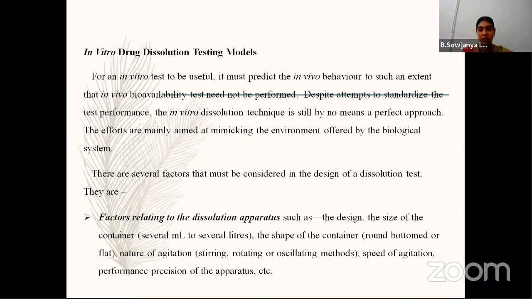The first is factors related to the dissolution apparatus, like the design, size, and shape of the container, the agitation speed, and also the nature of agitation, which may be stirring, rotating, or oscillating. Size of the container can range from several ml to several liters.